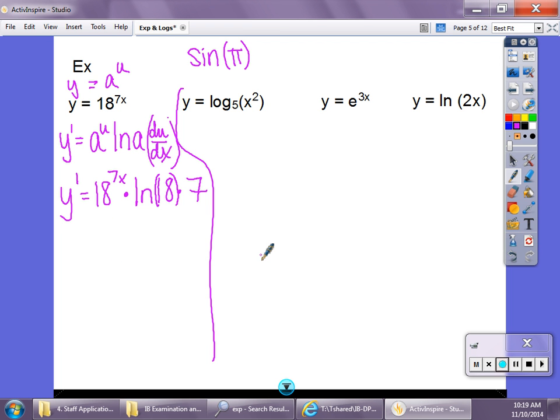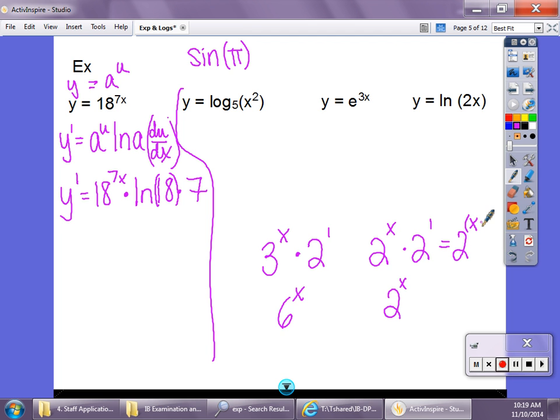Let me ask you this question. Can you multiply this 3 and this 2? Is that the same thing as 6 to the x? No, it's not. Can you multiply 2 to the x times 2 to the 1? Is that the same thing as 2 to the x? No. What is that equal to? 2 to the x plus 1.